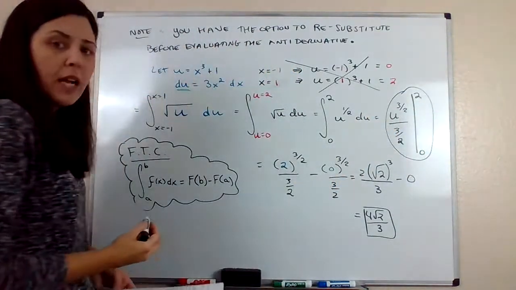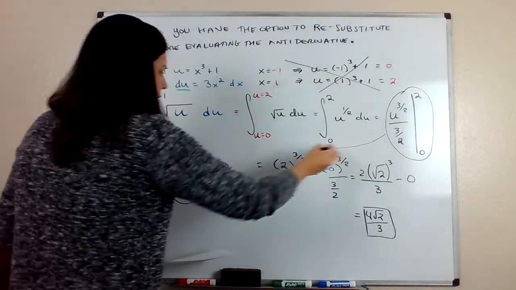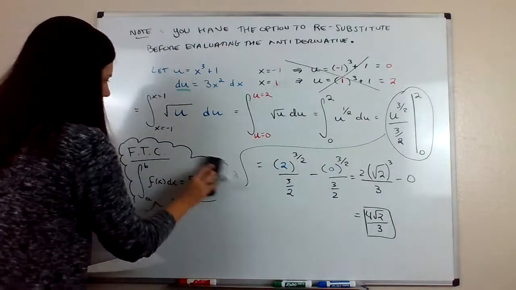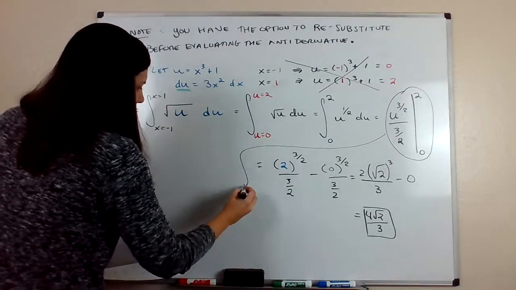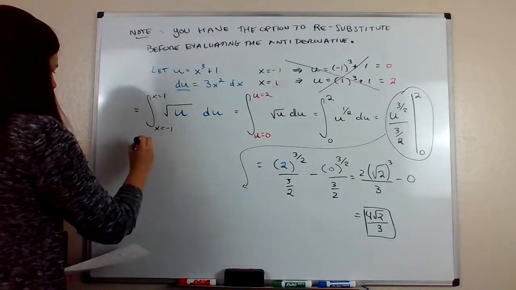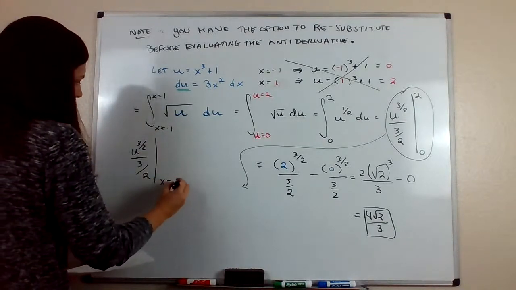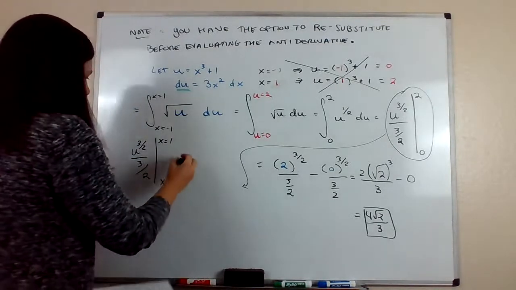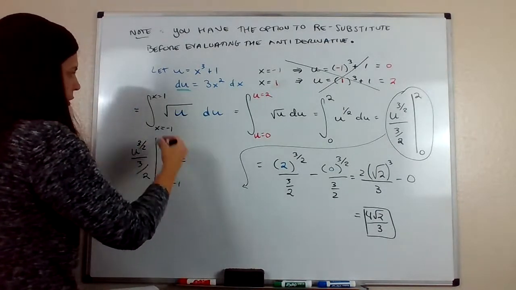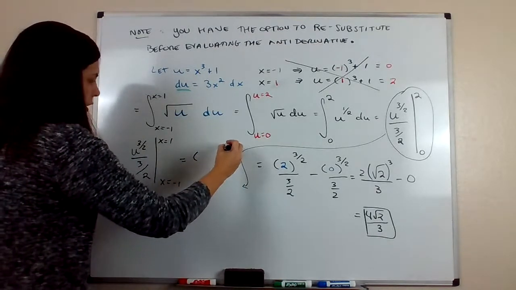Let's say I never actually figured out that my new limits were 0 and 2. So from here, we don't need this anymore. We could have said that we had u to the 3/2 over 3/2, evaluated from x = -1 to x = 1. And so what I would have to do there is just resubstitute the fact that u was x cubed plus 1.